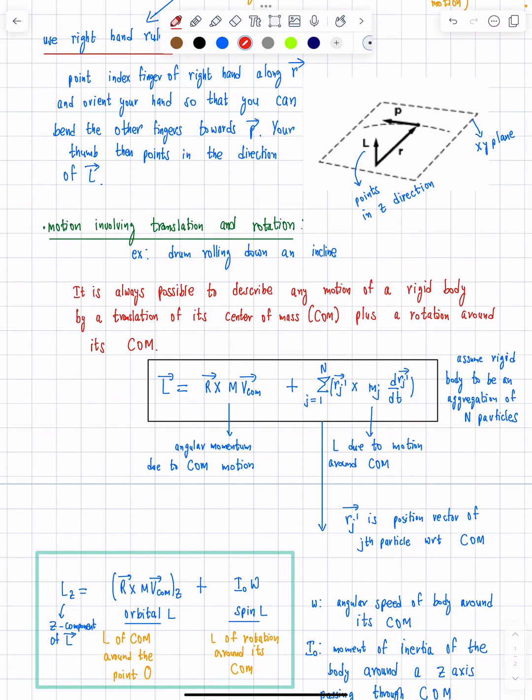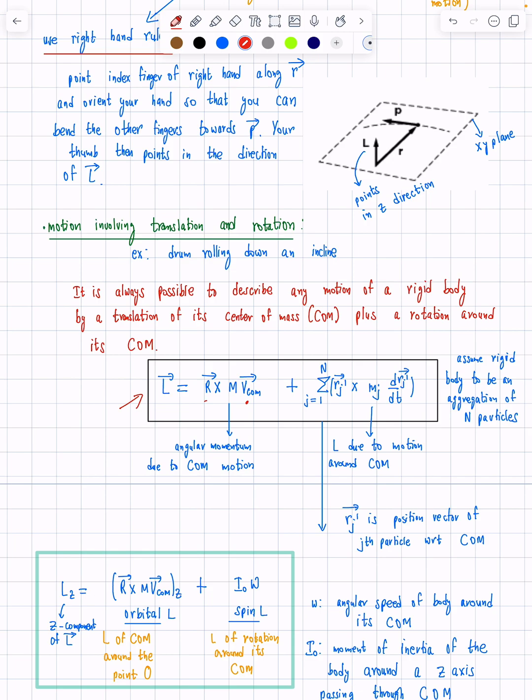I won't be going through the detailed derivation, but if you assume the rigid body to be made up of n particles, you can derive this expression. What it says is that the total angular momentum is r cross m v com. This is the velocity vector of the center of mass, and this is the position vector from point O to the center of mass.